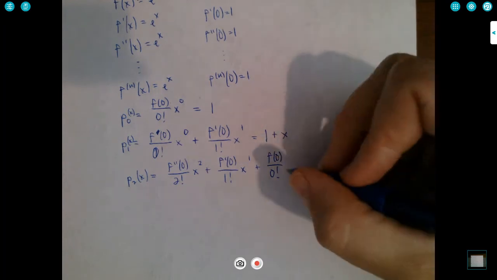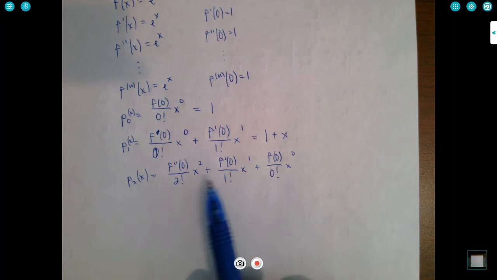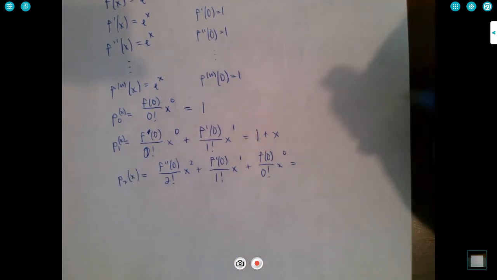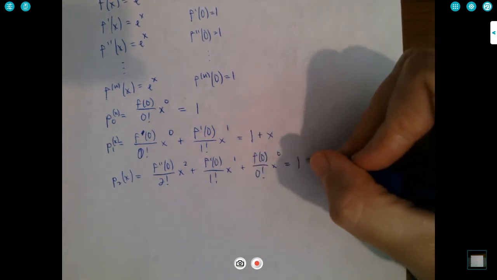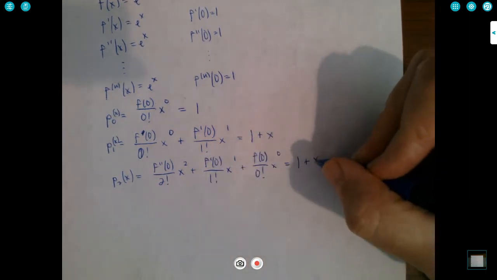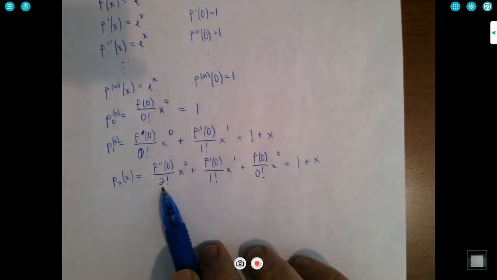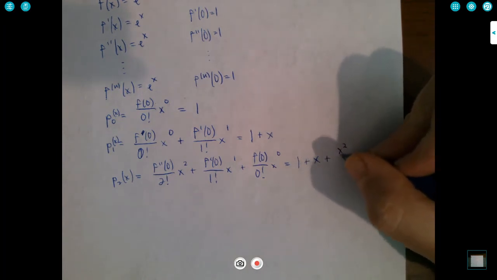Really, I should start here and do this one, then this one, then this one. I'm going to put them back in order, right? So this one was 1, this one was x, and then this one is 1 over 2 factorial. 2 factorial is 2, so this is 1/2 x squared. I'm just going to call that x squared over 2.